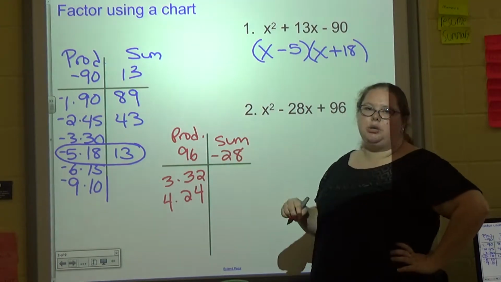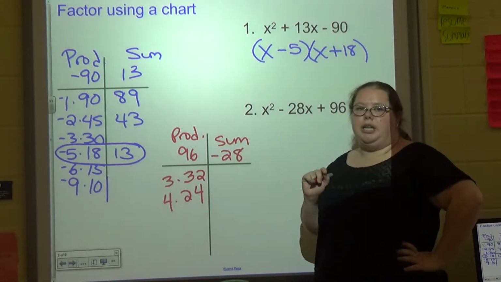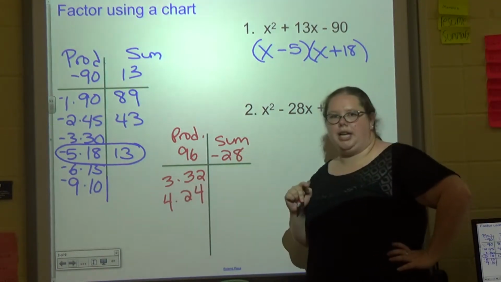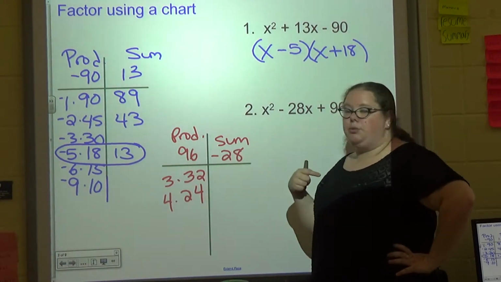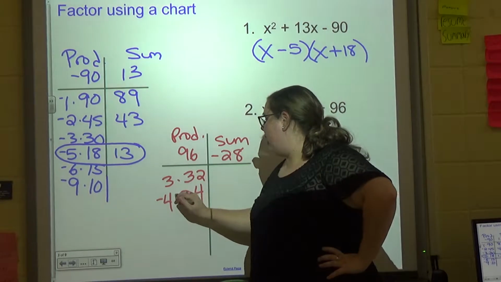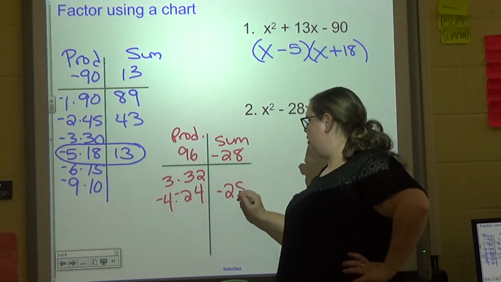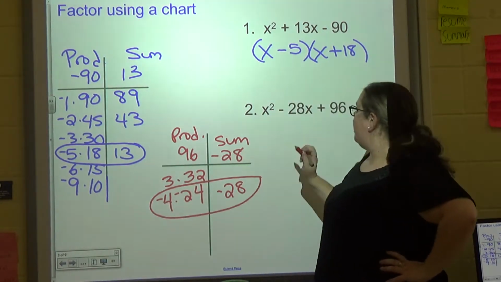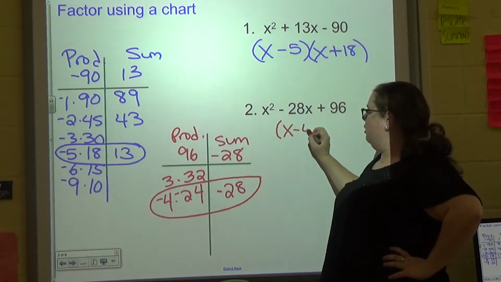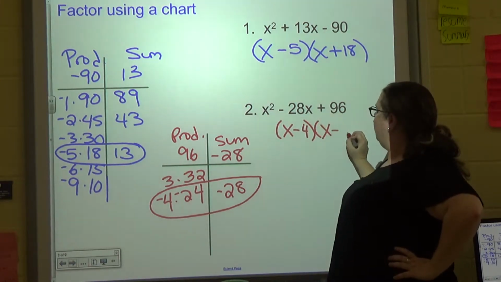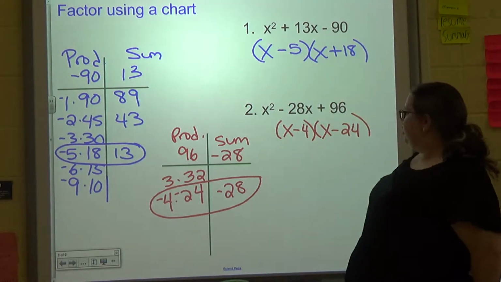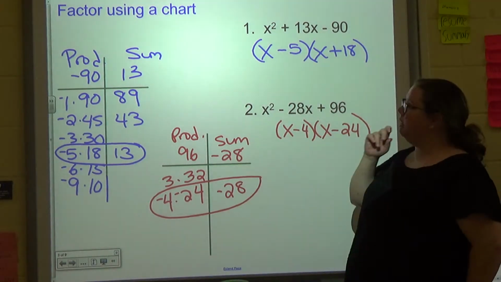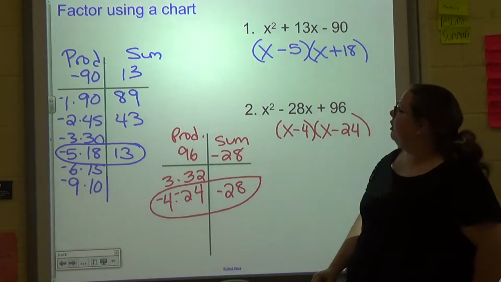Because we're multiplying to a positive and adding to a negative, what has to be true about our signs? Since it's a positive, they need to be the same sign. Since we're summing to a negative, they both have to be negative. Okay? So that means we get x minus 4 and x minus 24. And that's factoring those two. Okay? So that's a review of yesterday's lesson on factoring from the chart.